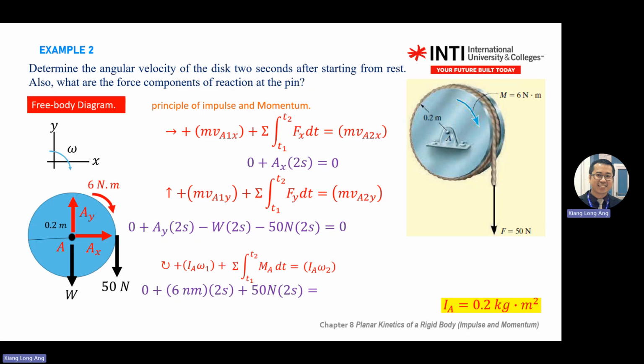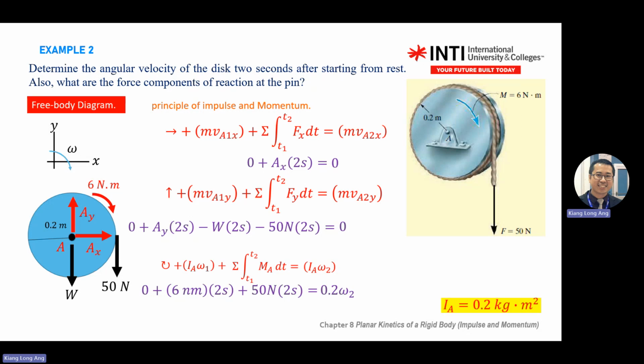You cannot use this sentence, starting from rest, for V. This starting from rest is for angular omega, because point A doesn't move at all. It's a pin. Then after it rotates, after the action, it will have I omega 2.